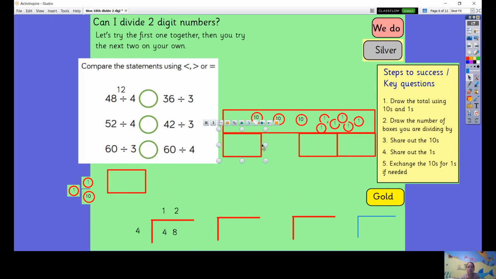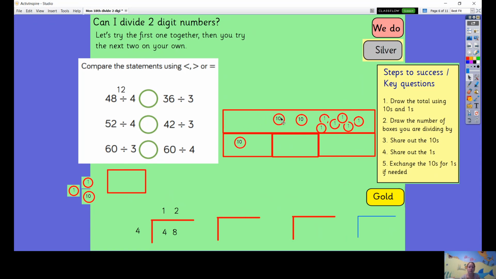Okay, so it's a bit of a faff on here. There we go. Right, so I've got my 36 in the top, 3 tens and 6 ones, and then I've got my 3 squares to share them into.